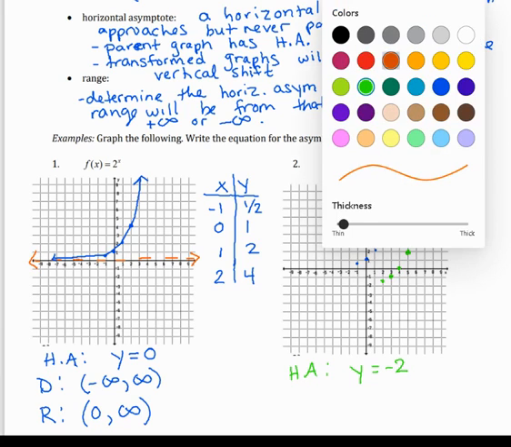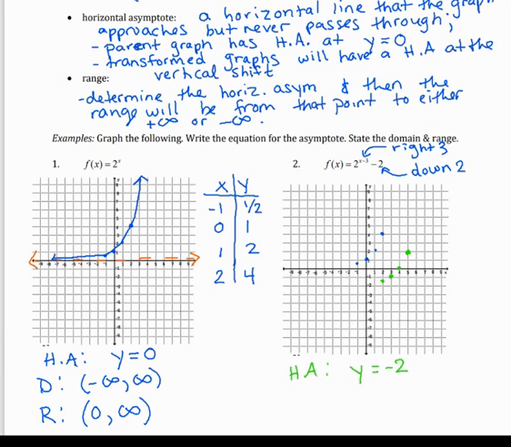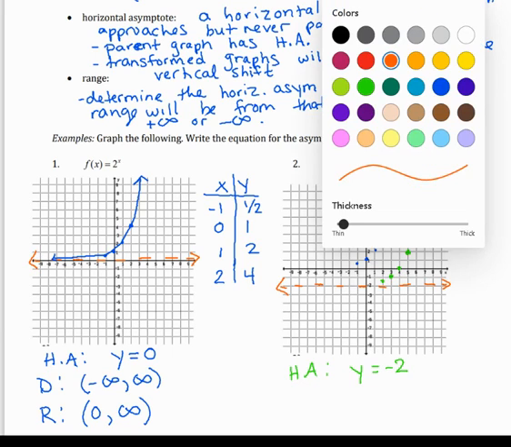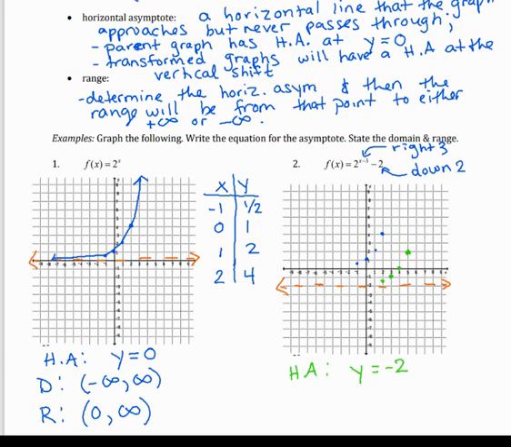So I'll use that same orange to represent the horizontal asymptote at -2. And you can see we don't have any green points below that. So now when I connect my curve, we know not to go below. It'll go as close as possible, but it's never going to actually go below, and then we increase.